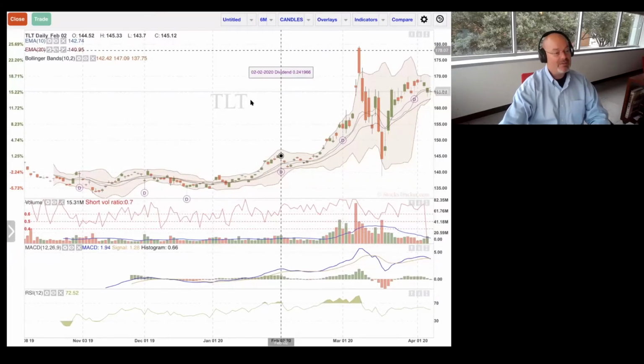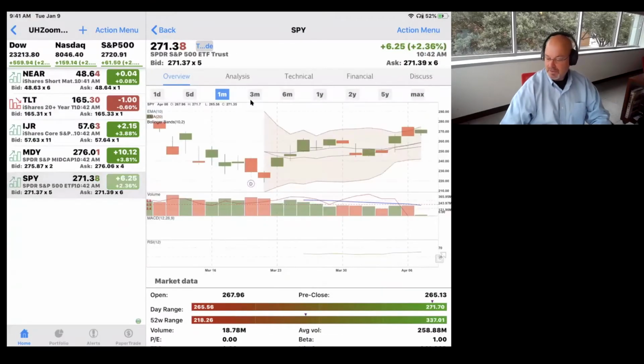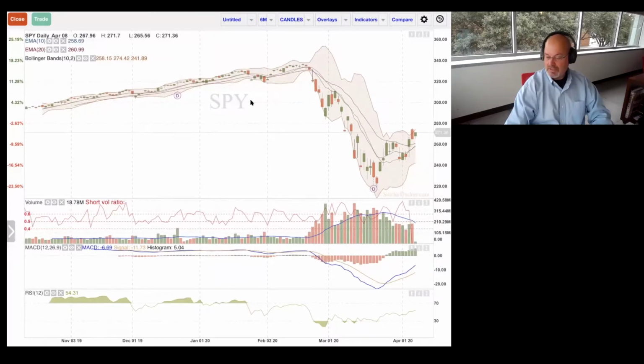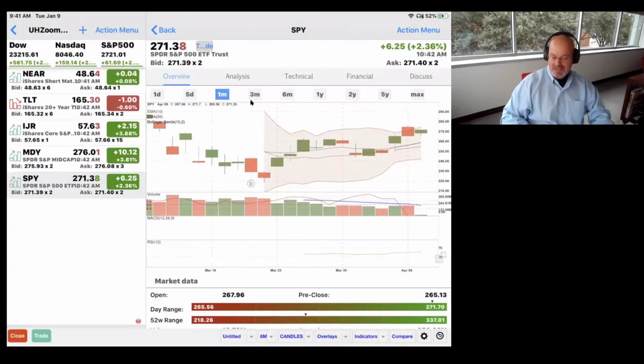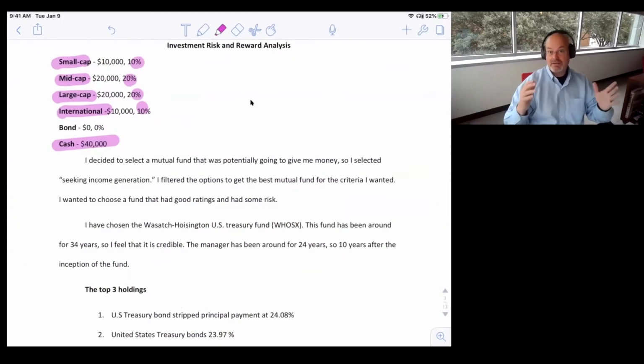So that high point in this bond ETF, compared to this SPY, that high that we saw just a minute ago corresponds with this low right here. Do you see that? So that's why different asset classes do different things. They respond differently to market forces.